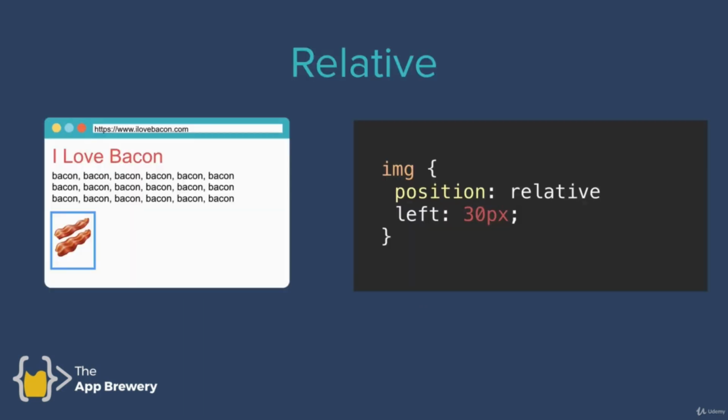And what this allows us to do is to position the element that we select relative to how it would have been positioned had it been static. So in this case, on the left, we've got our bacon fan site, and this is just the normal HTML flow.